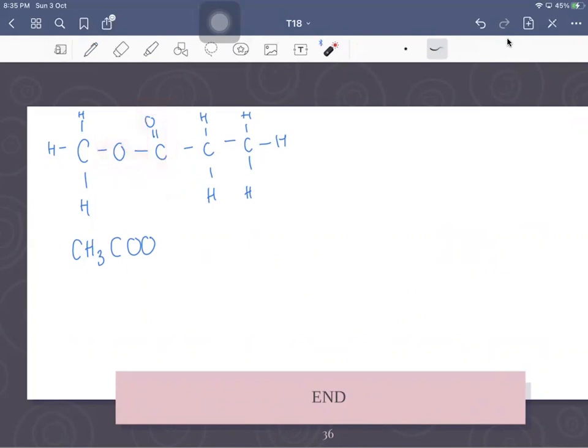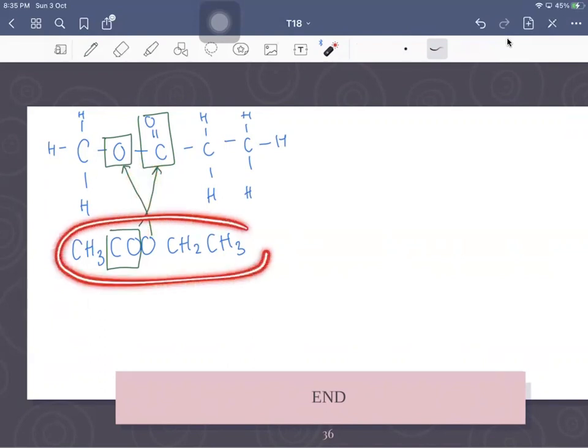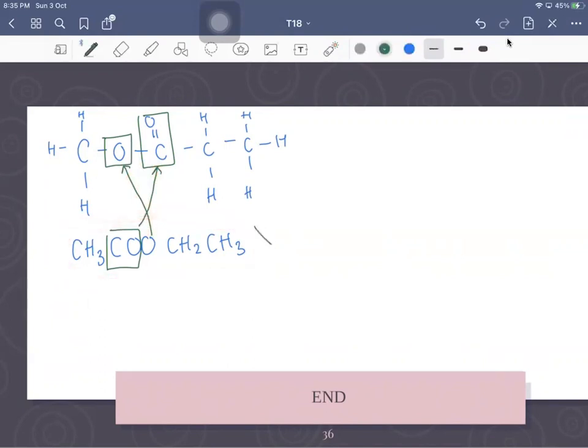Now the problem with this is that CO represents this CO and the single O represents the alcohol oxygen. So you can see that in terms of my arrow, it's already overlapping. So this is not the correct way of writing down your structural formula.